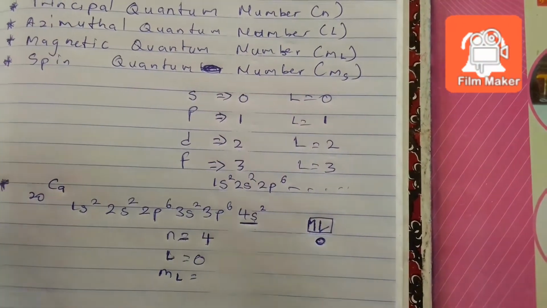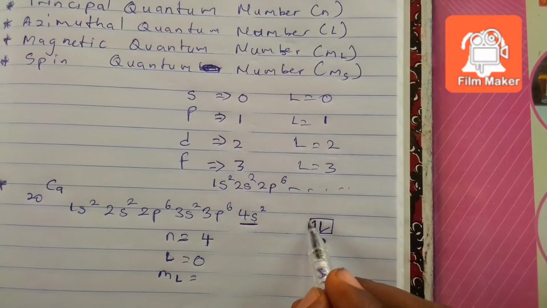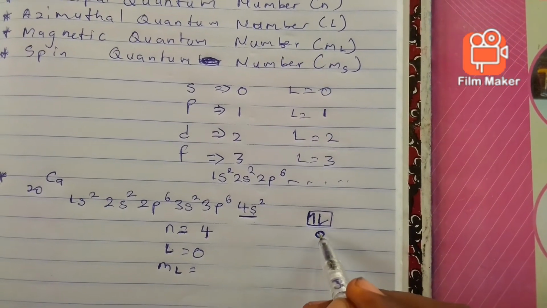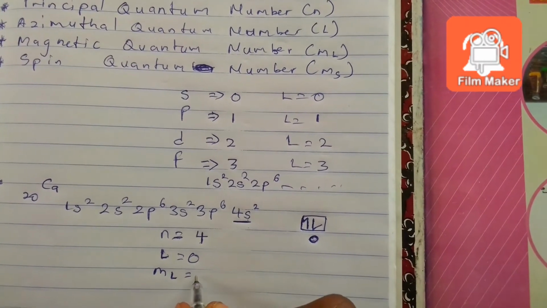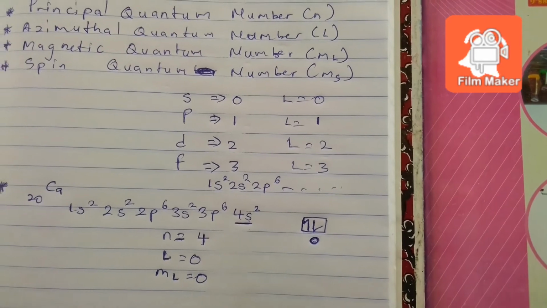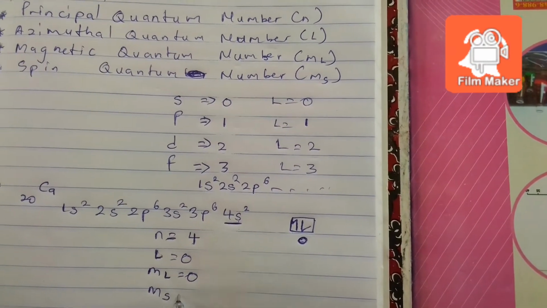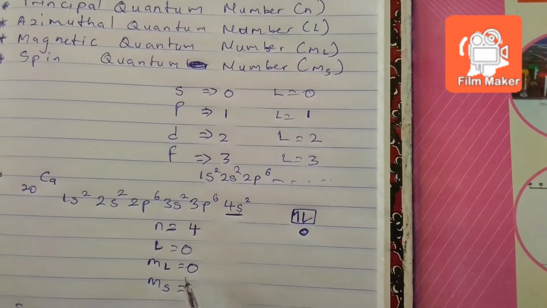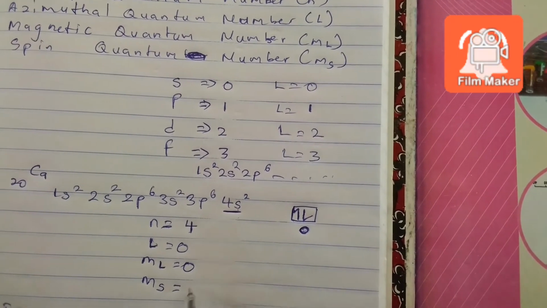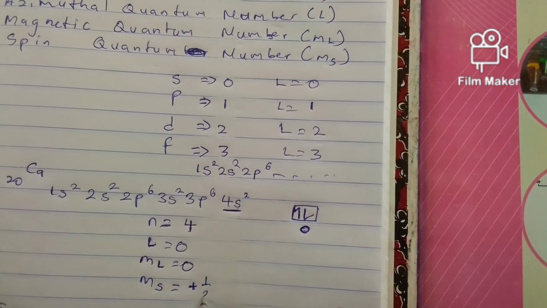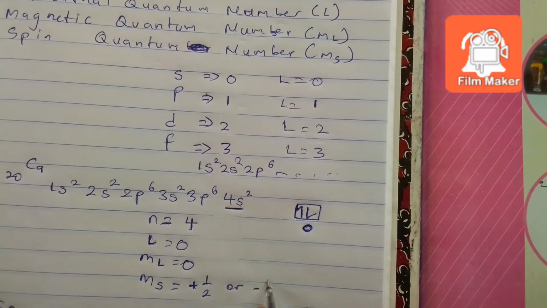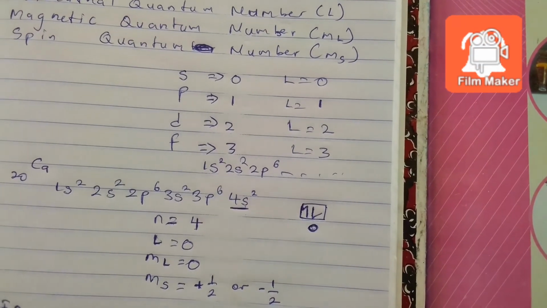We can go to this side and to this side, but this one has only one block, so ml is just 0. And then ms, since this one is 0, can be either plus 1 over 2 or minus 1 over 2. Do you understand that?